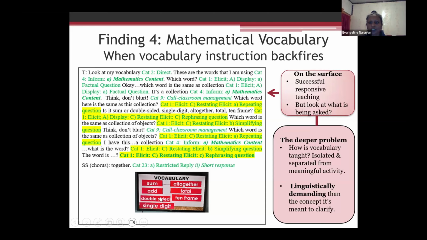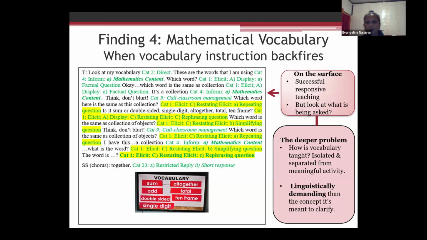So on the surface, this looks like successful responsive teaching, but look at what is being asked. Here we have learners that are second language speakers of English, and they're still learning English, yet they're expected to find a synonym for the word collection from this very dense academic vocabulary list.